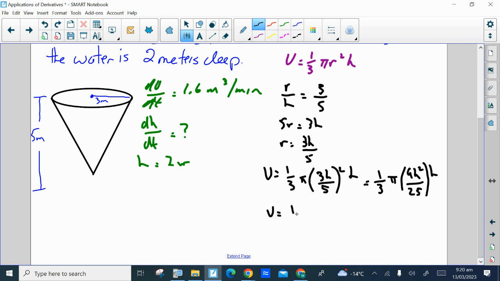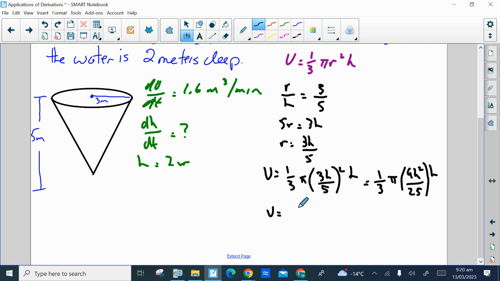Actually, let's do it this way. On top, we've got 1 times pi times 9h squared times h.